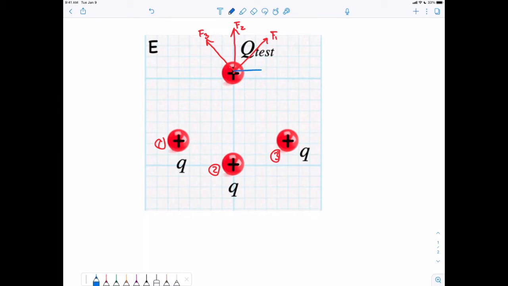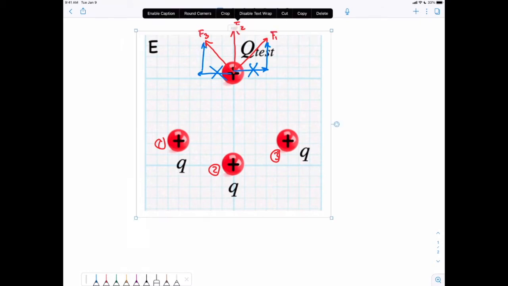So F1, we could break into components. And F3, we could break into components. And we can see when we add these up, the horizontal components of F1 and F3 cancel. And so what we're really adding are 3 vertical vectors.